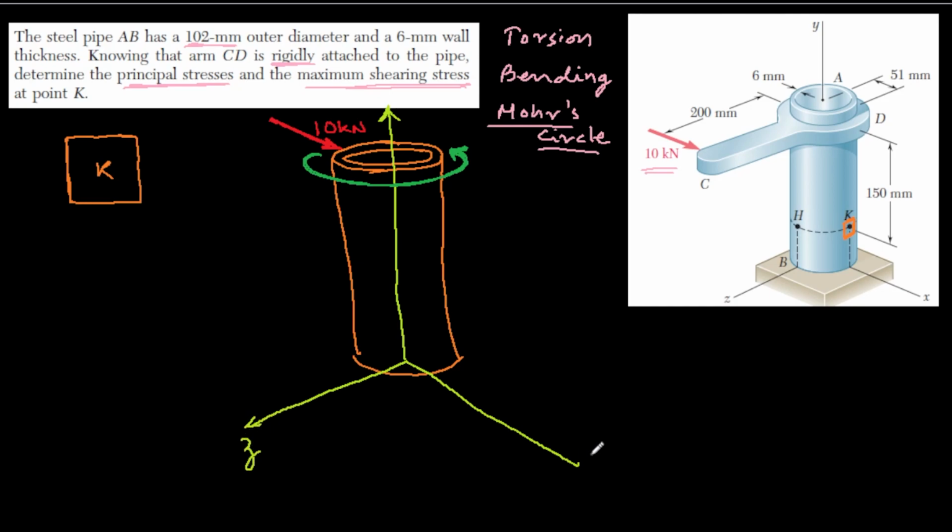Let me write x, y, and z. This is the torque acting on the tube. So the two concepts acting are bending and torsion on the beam.